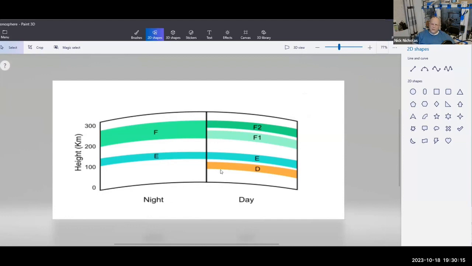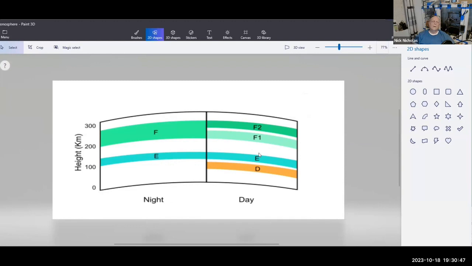So signals can bounce off the D layer and come back, and some will bounce off the E, but the E and D layers are so dense that the layers above don't allow signals effectively to get to them. So the very long wave frequencies in the HF bands don't skip well during the day.